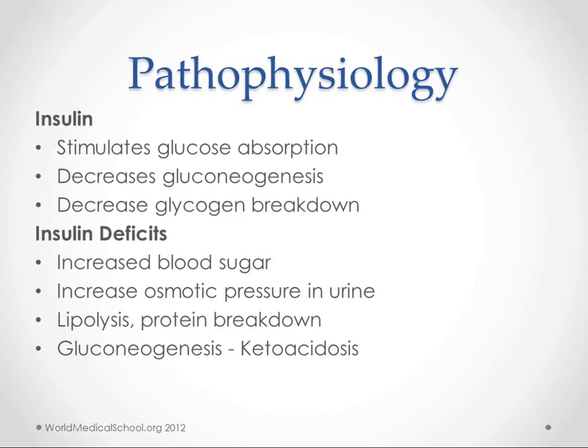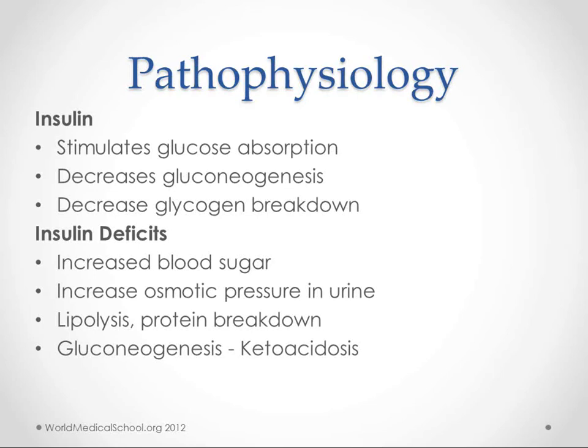So insulin is the signal that tells the cells to stop these processes. And deficits in insulin just mess up that signal cascade. So we have extra sugar on board, but still we're making sugar, and we're still breaking down fatty acids and other things that we can use for energy.